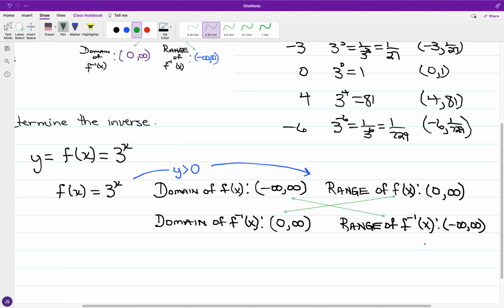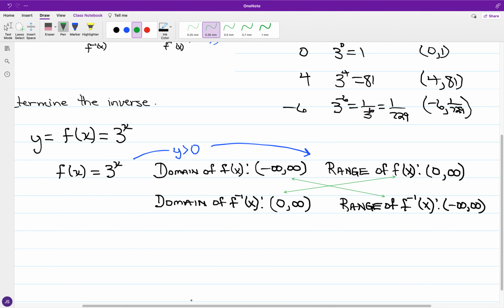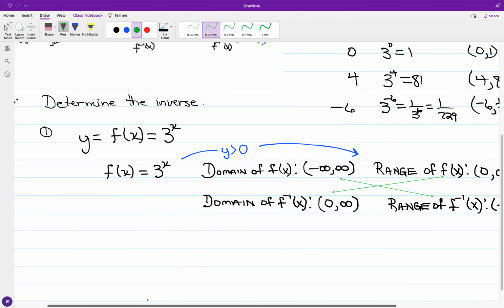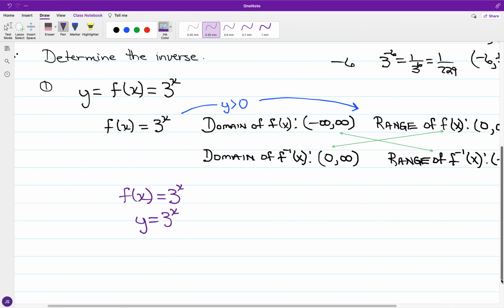Okay, so we got the domains and the ranges, and now in looking at the determination of the inverse, we have our function f of x is equal to 3 to the x. So we have y is equal to 3 to the x.